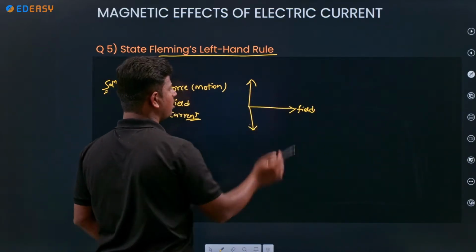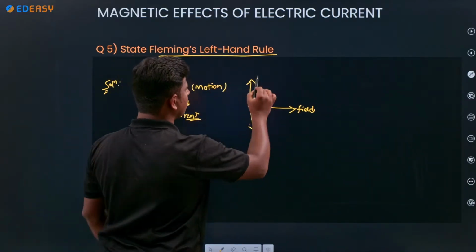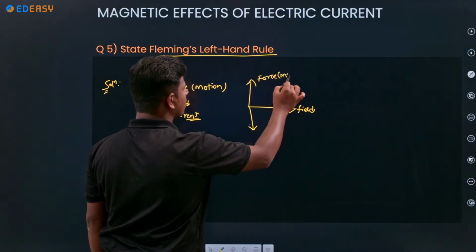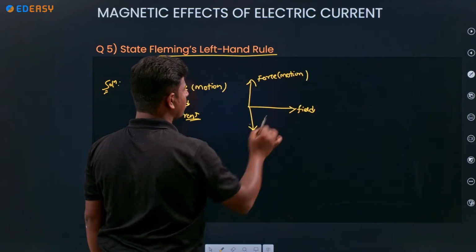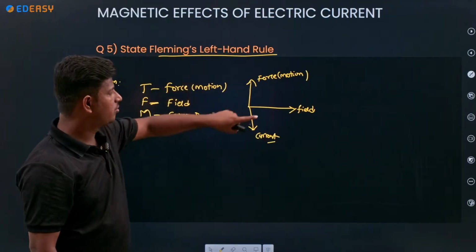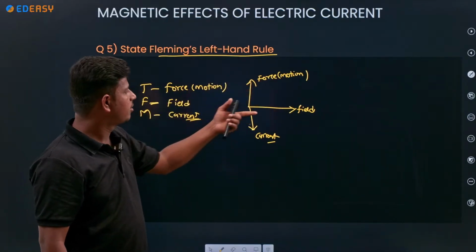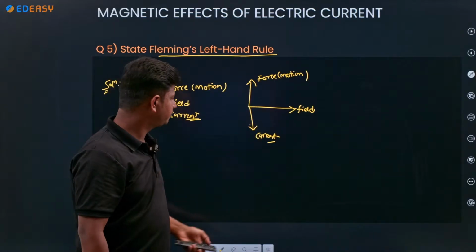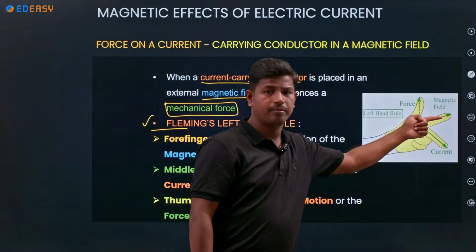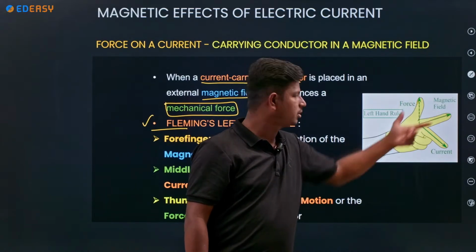Field is this direction. You take the thumb like this, so thumb is force or motion, and this is the current.